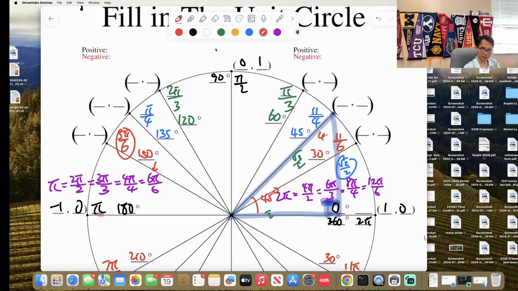So that means this is 45 degrees, right? Now, what is the hypotenuse of this particular triangle? Fiona, what is the unit circle? What's the hypotenuse here? 1. So this is equal to 1. Now remember, 45 degrees, right?